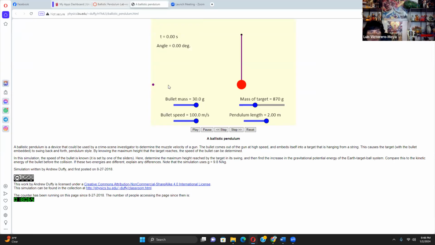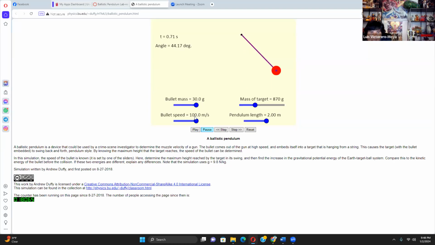And you can actually do a few test runs in here, and see what happens. It gives you the angle in degrees, and obviously you don't want this to just keep swinging like this. You want to play and then pause, like that.